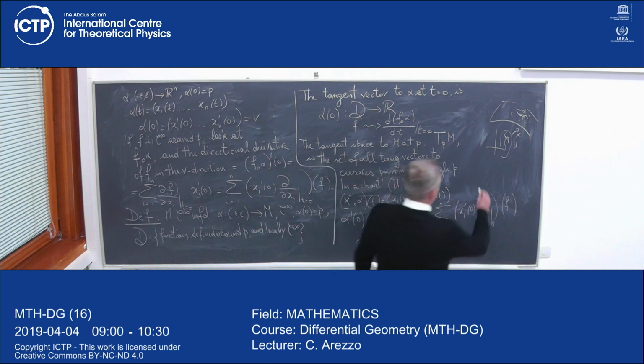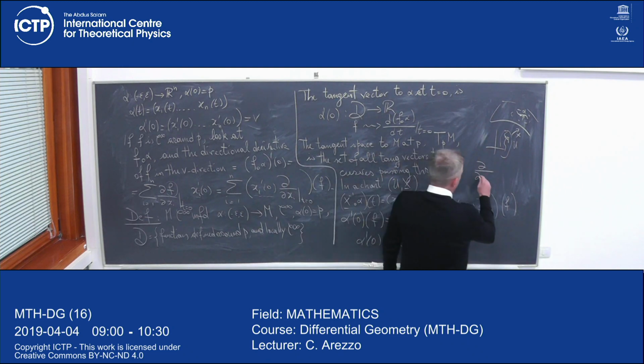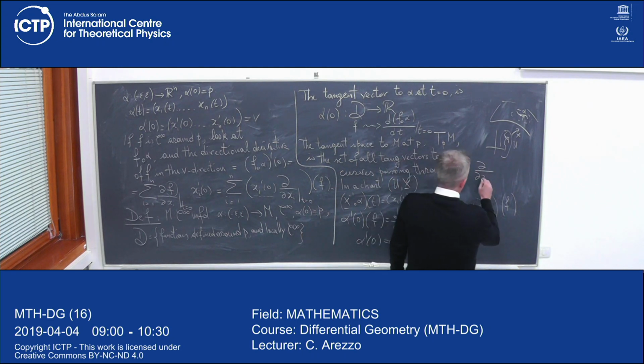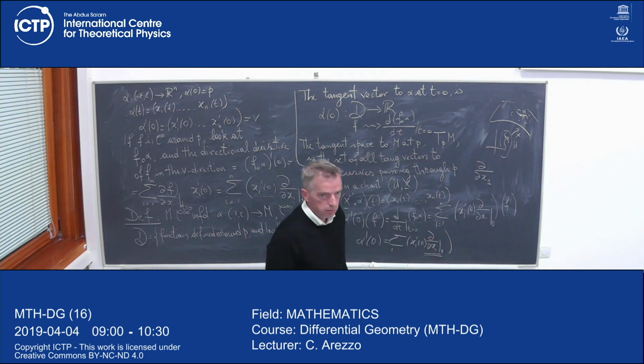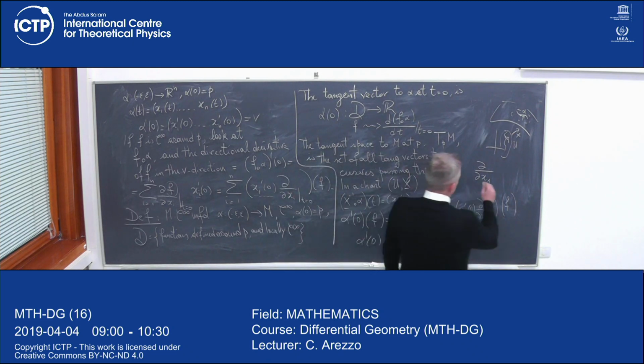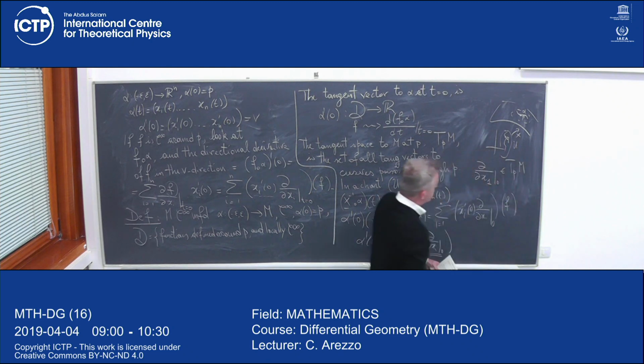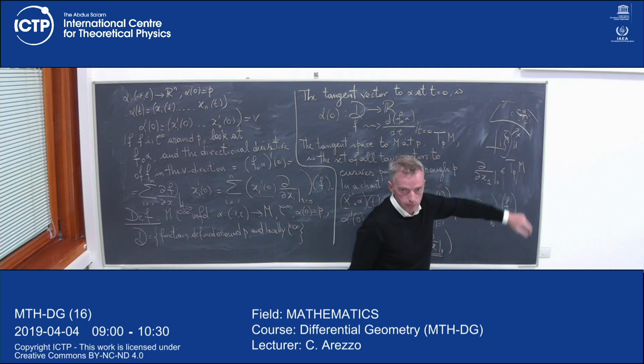So every time I have a chart, I have a bunch of tangent vectors for free, but you have to digest the fact that the tangent vector is this one. This is a tangent vector because it is the tangent vector to the coordinate curve (x1, 0, 0, 0).